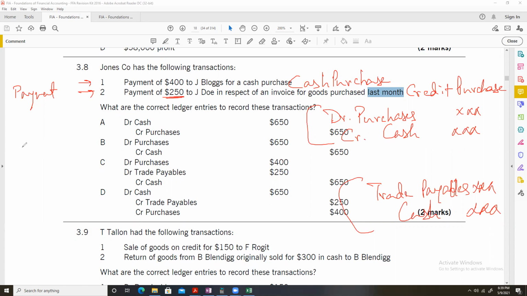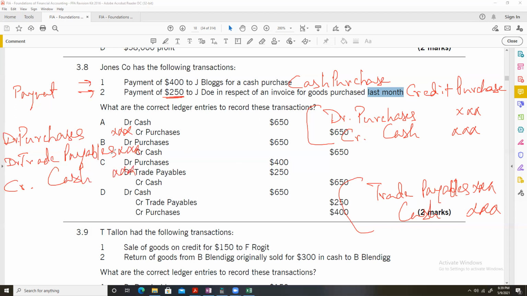This is the cash purchase: we will debit purchases, and we will debit trade payables and credit the cash account. So this double entry will become purchases debit, trade payables debit, and cash credit.